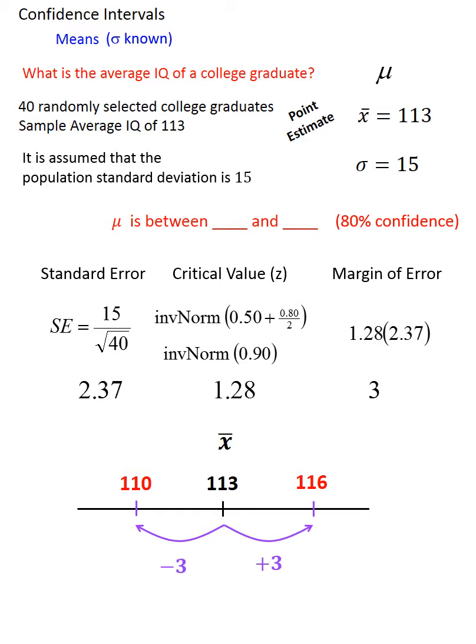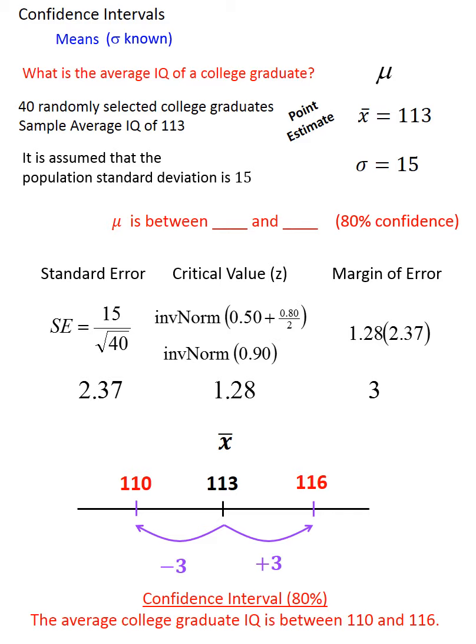And these two numbers in red are the lower and upper limits of my confidence interval. So, as my final statement, with a confidence level of 80%, I can state that the average college graduate IQ is somewhere between 110 and 116.